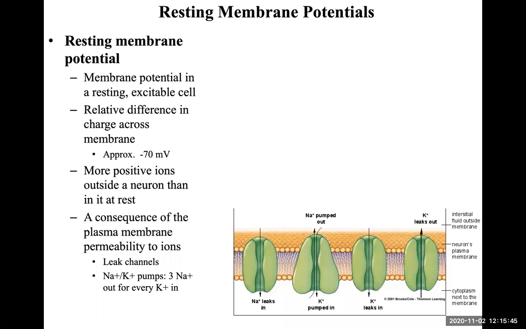I expect you to understand what the electrical gradient means, and the structures that are responsible for establishing that electrical gradient. So again, the potassium leak channels, and then the sodium potassium pumps, of course, also contribute a bit to that resting membrane potential, the difference in charge on the outside versus the inside of the cell, and they help to maintain that by pumping 3 sodium ions out for every 2 potassium they pump in.